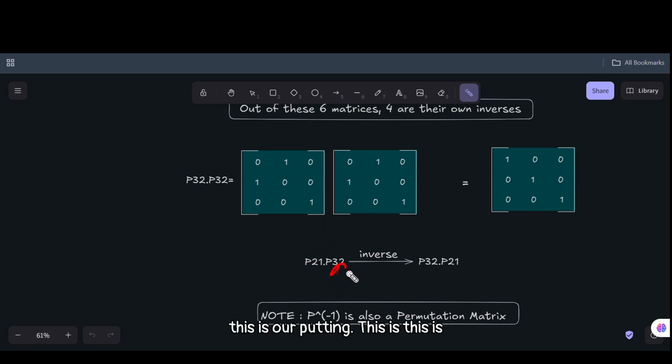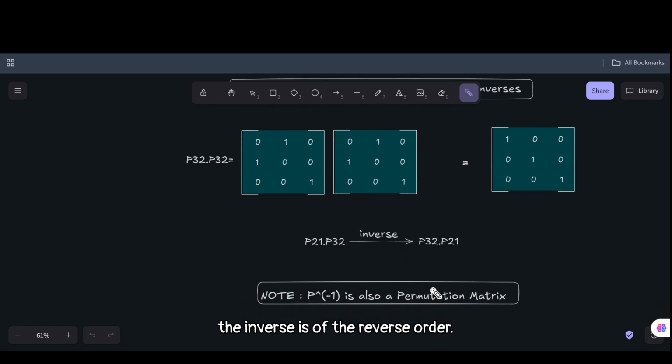So this is putting the socks on and then putting the shoes on. Now how do we take them off? First we remove the shoes, and then we remove the socks, right? So that is how we undo an operation. And in a similar fashion, we calculate the inverse as well. That means the inverse is of the reverse order.